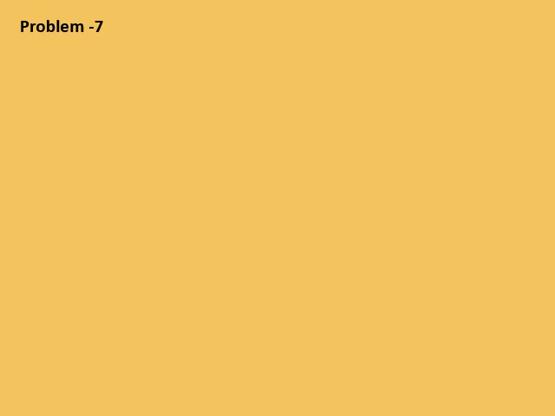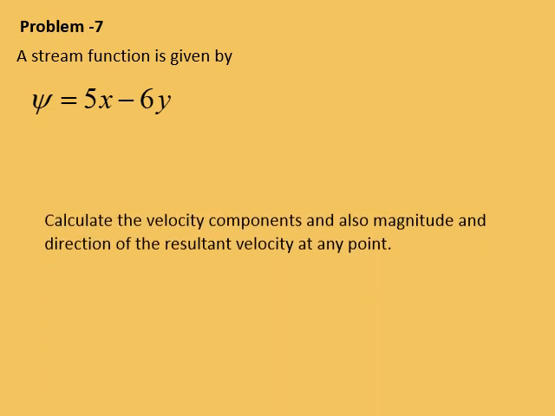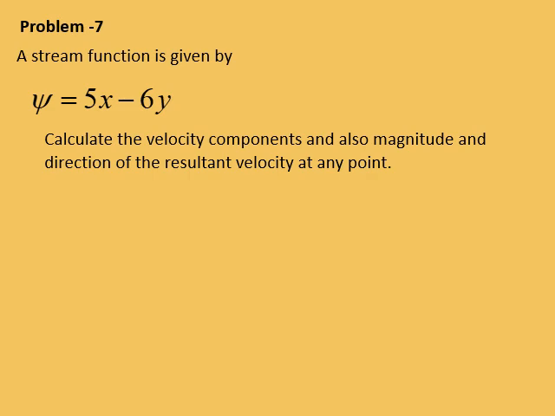Now move on to the next numerical. There is problem number 7. A stream function is given by xi is equal to 5x minus 6y. Calculate the velocity components and also the magnitude and direction of the resultant velocity at any point.